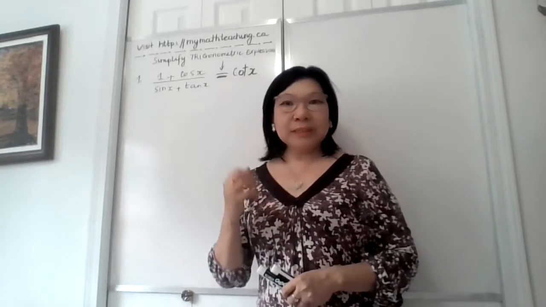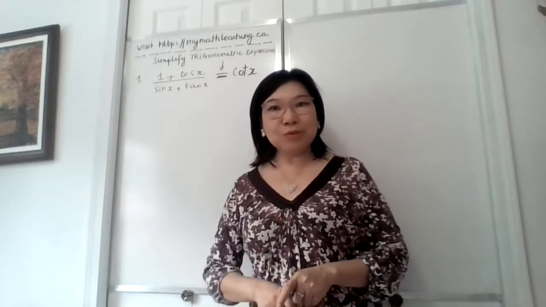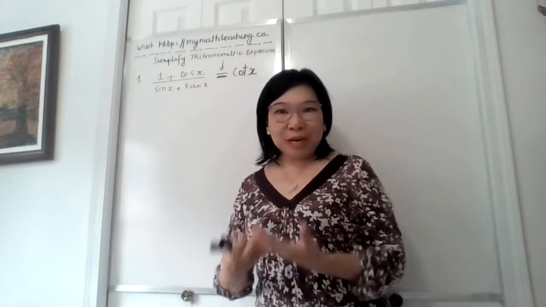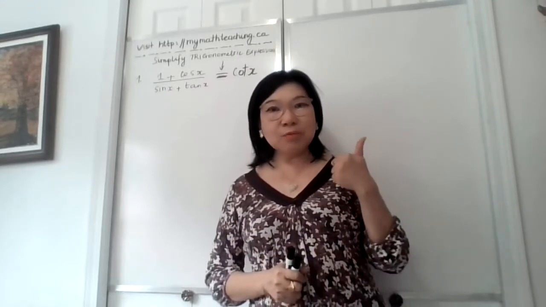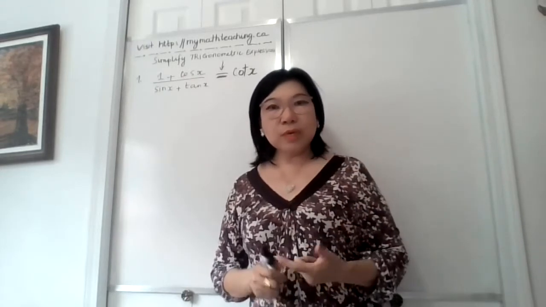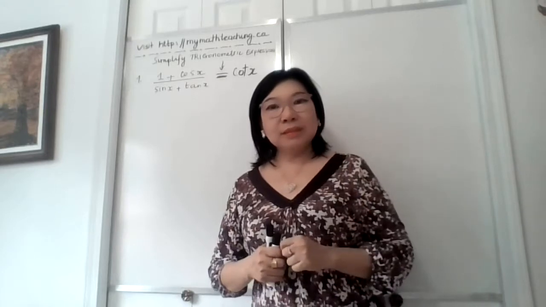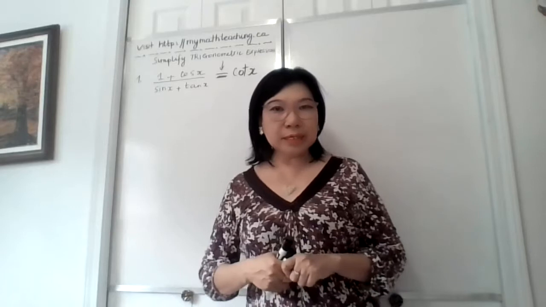And keep in mind that there are some simple trigonometric identities you have to remember, so it helps you to work out better. So the first easy one is sine square x plus cos square x equals 1. And secant square x equals 1 plus tan square x.